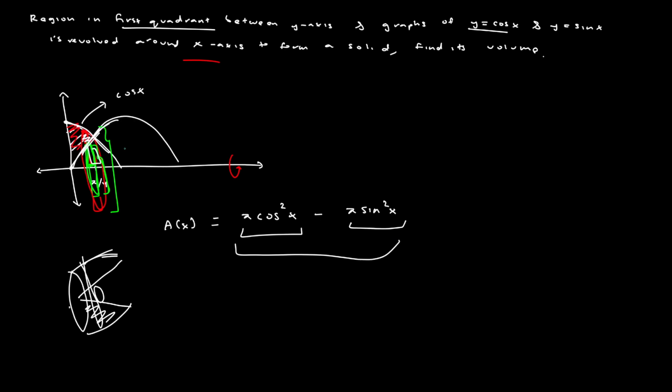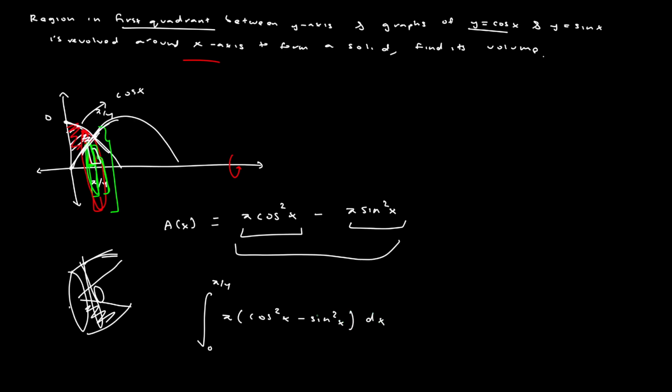We already know our bounds are from 0 because we're in the first quadrant, and then the first intersection is at pi over 4. So the integral we want to solve is from 0 to pi over 4 of this cross-sectional area, which is simply pi times cosine squared x minus sine squared x dx.